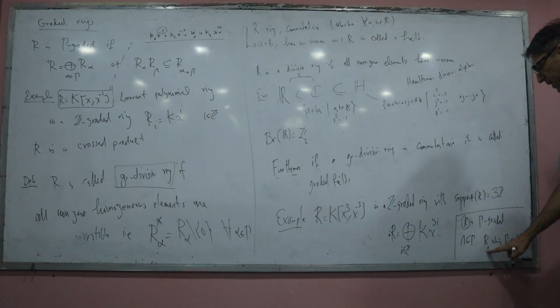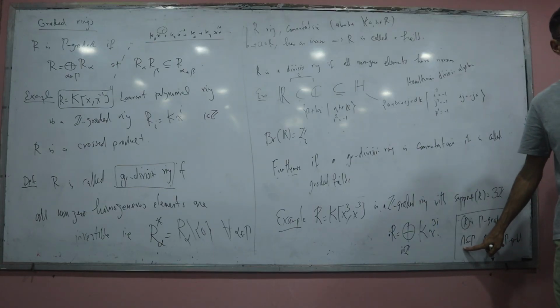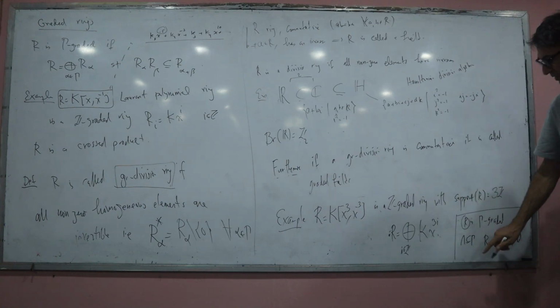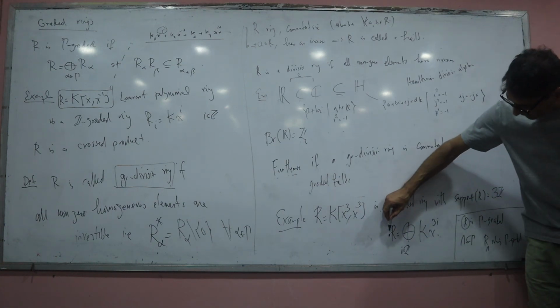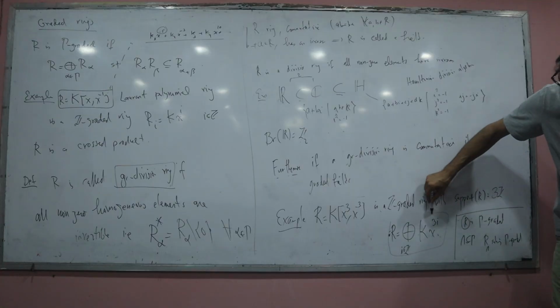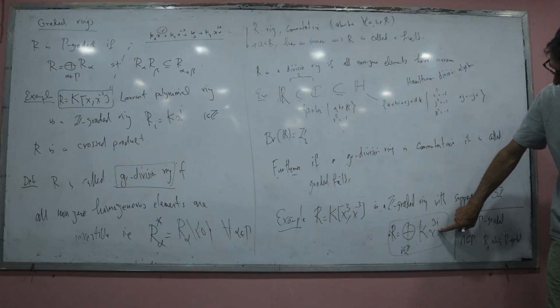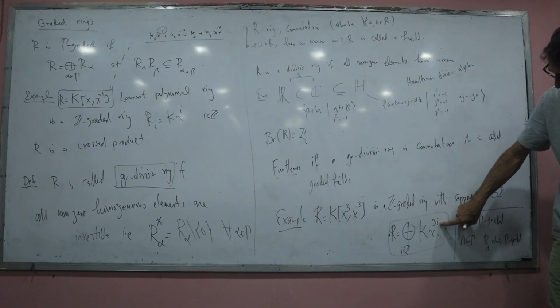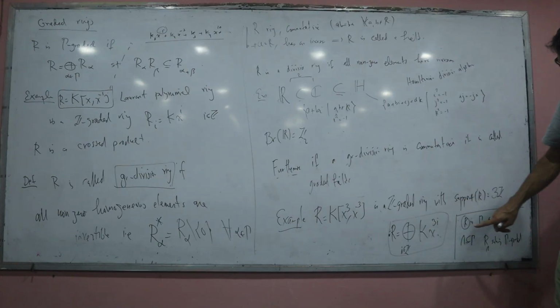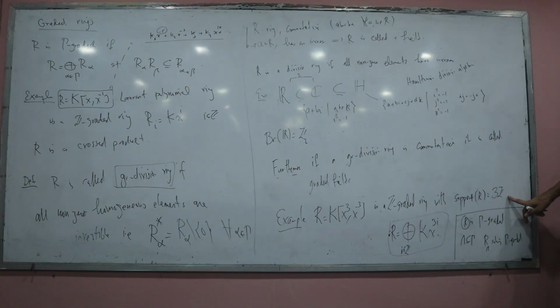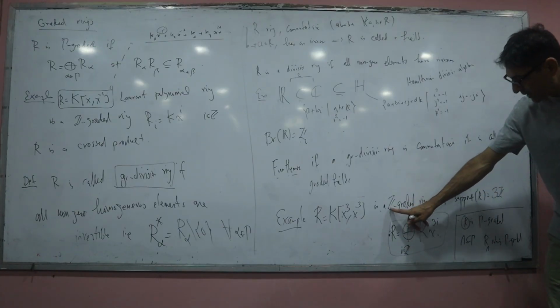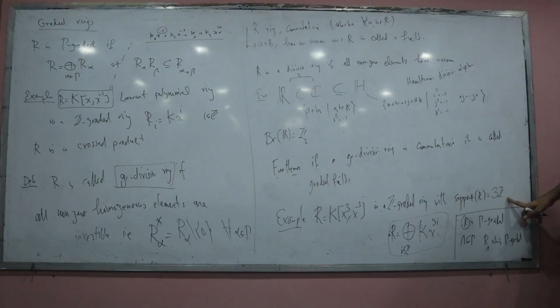So I'm just picking up the components coming from here. So if this confuses you, forget that. So now I'm in here. So the polynomials that appear here, they all have powers that are multiples of 3. So then the support is 3Z. Okay. So it's a Z-graded ring, but the support is 3Z.